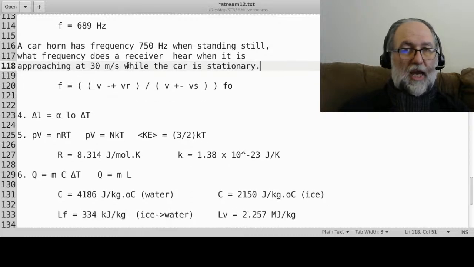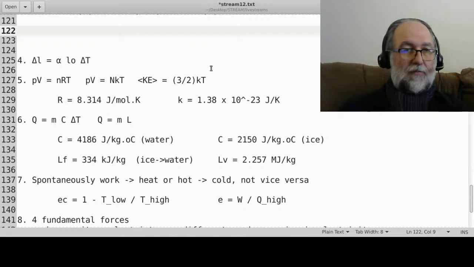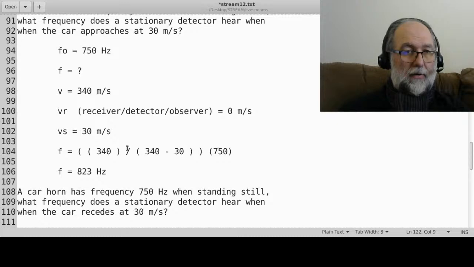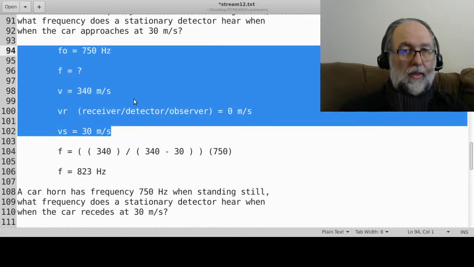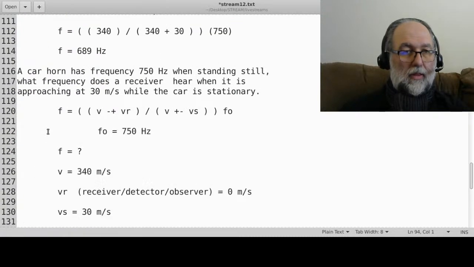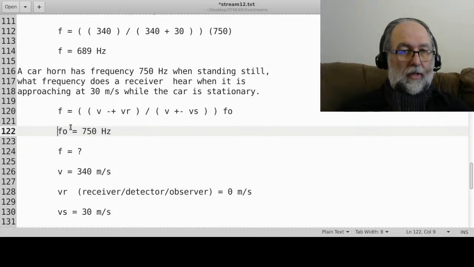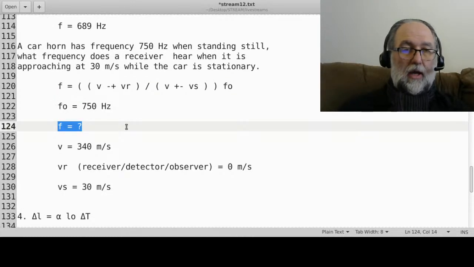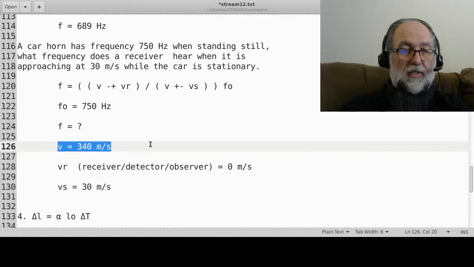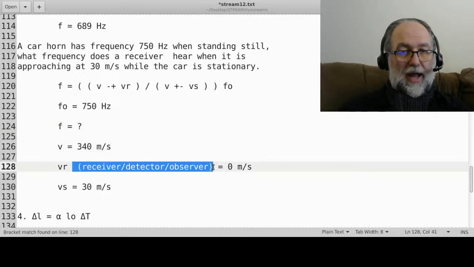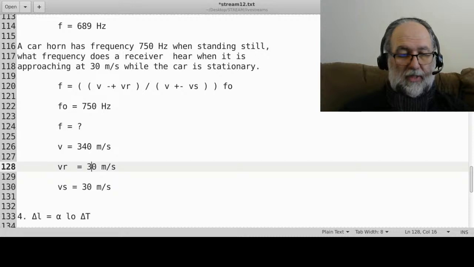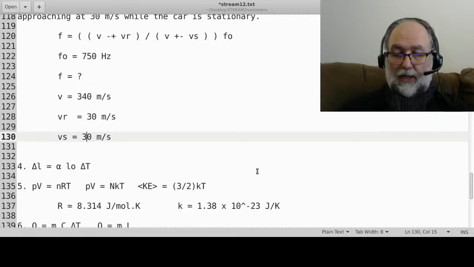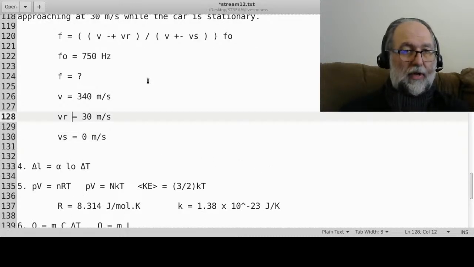Okay, so what's changed now? Well, if you go back to these numbers we had right here, the stationary frequency is the same. It's still 750. The shifted frequency is what we want to calculate. The speed of sound is the same. The receiver now is moving at 30 meters per second, and the source is stationary.